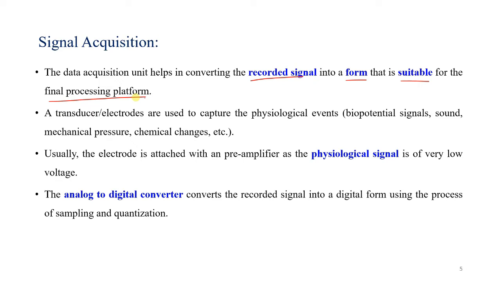Over here we have the transducers or the electrodes. They help us capture physiological events, and these can be biopotential signals like the electrocardiogram and electromyogram. Then we have sound, so speech signals.